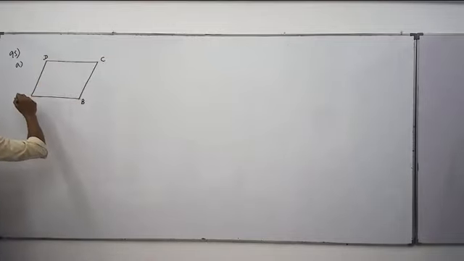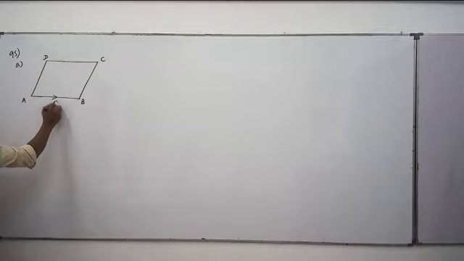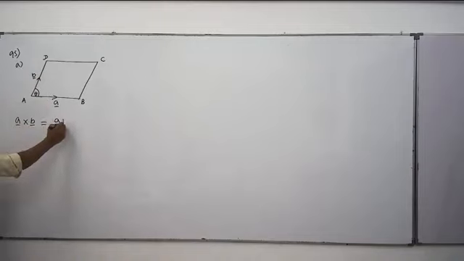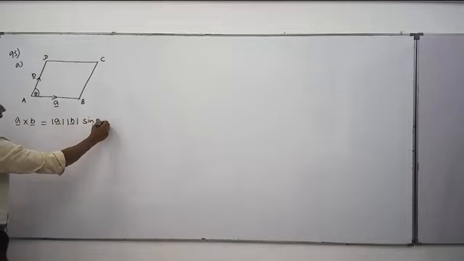AB vector is given as simply A, and people, AD vector is given as simply B. Let this angle be theta. Right. People, shall we define A cross B. What is that? Mod A, mod B, sine theta n.